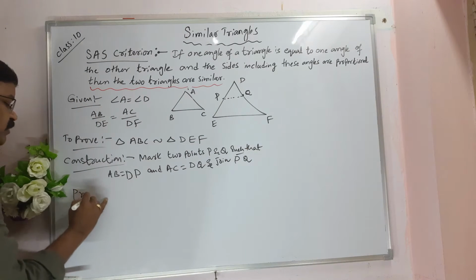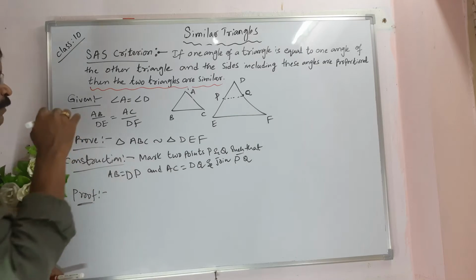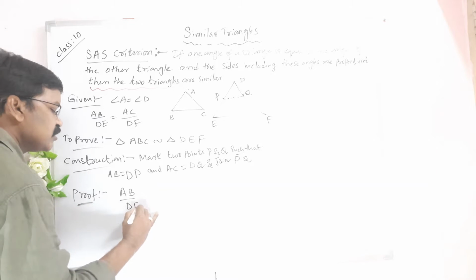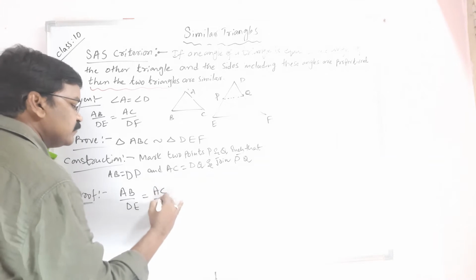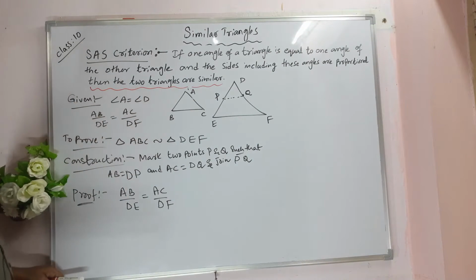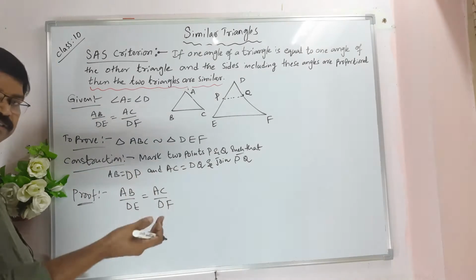Coming to the proof here, my dear students, look, what is given? AB by DE is equal to AC by DF. Okay, good. But instead of this AB and AC, what can we write here?